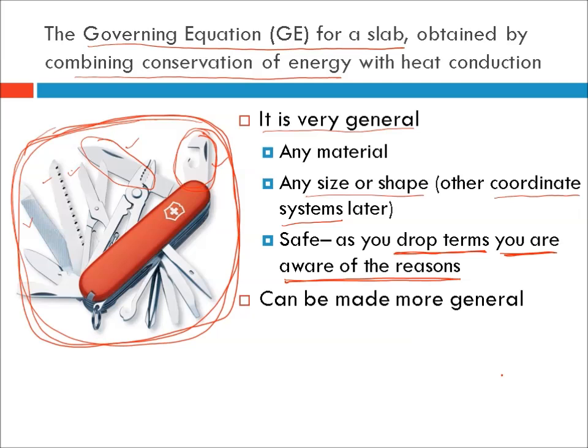Okay. But that equation still has some simplifications, some assumptions. It can be made even more general, but we don't have to deal with that in this class. Okay, for example, one little thing we would do is the variable property.